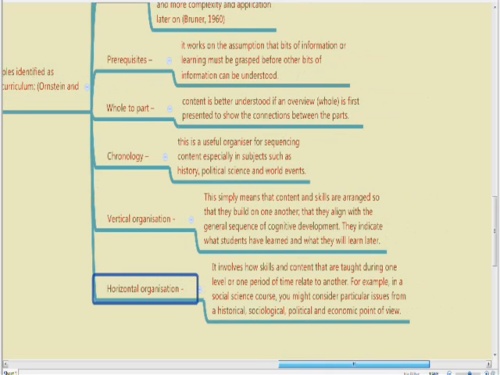And horizontal organization involves how skills and content are taught within one level, during one period of time. So you have vertically how they are taught in different levels, and then within that same level how they are taught. Now these are some of the technical things you may not need to know in detail or the actual terminology, but you need to grasp the general philosophy of things.